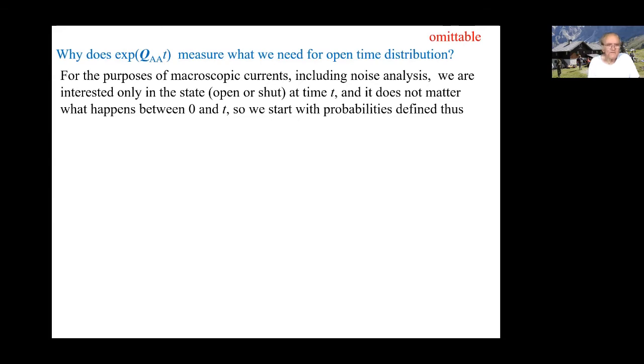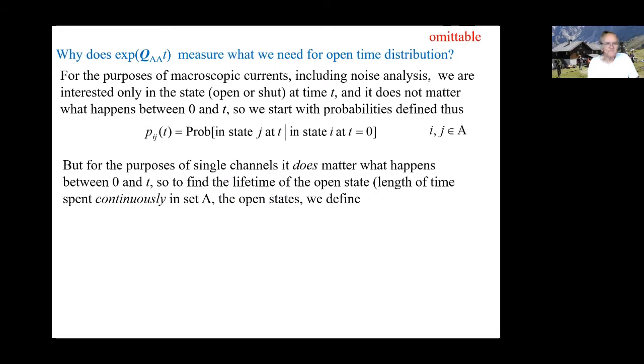So for those macroscopic things we start with probabilities defined like this: the probability that we're in state j at t, given that we were in state i at 0 time. But this is different for single ion channels because it does matter what happens between 0 and t.